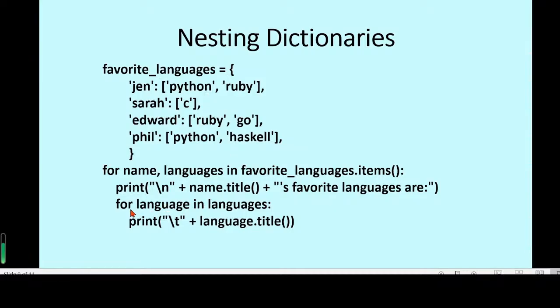So we can write a for loop for language in languages. Languages is a list here. The value for this key, for example, is a list. Next, we write a for loop over each item in this list, then print out each language.